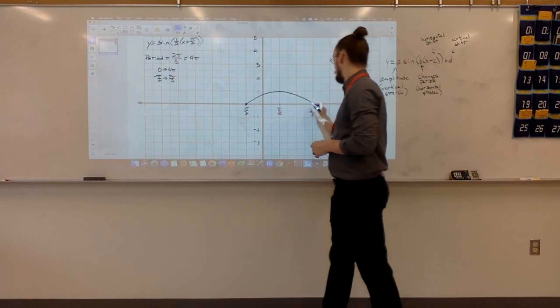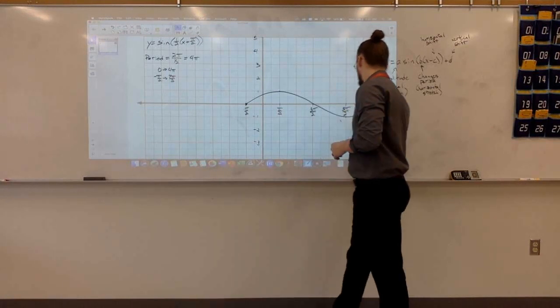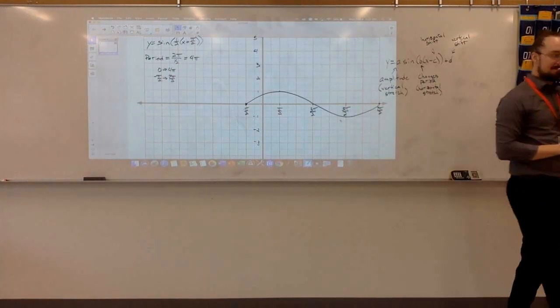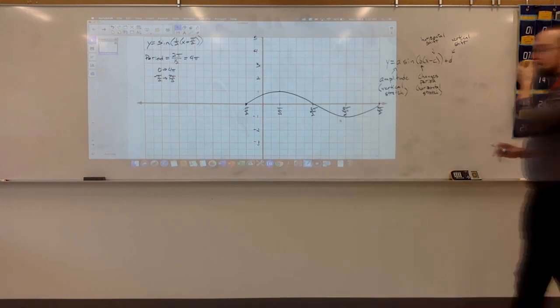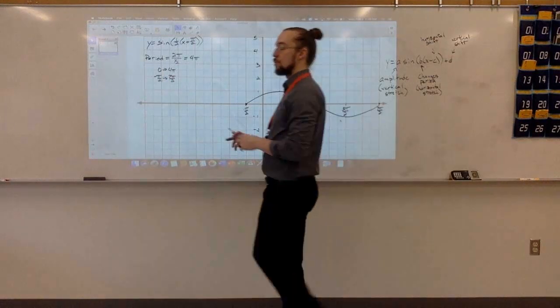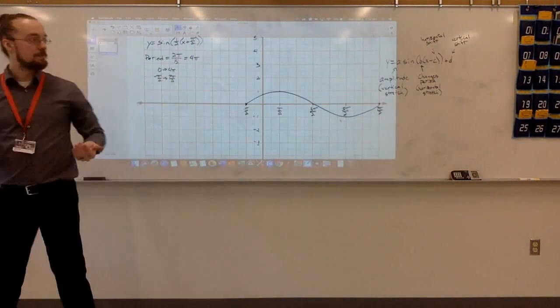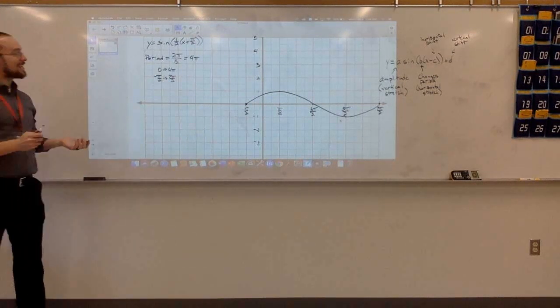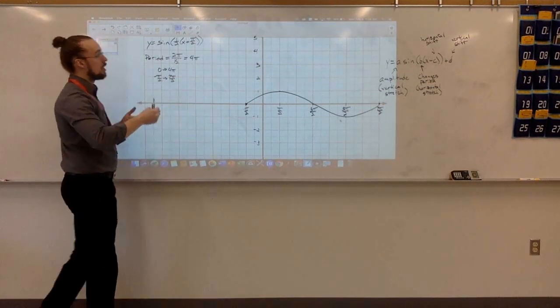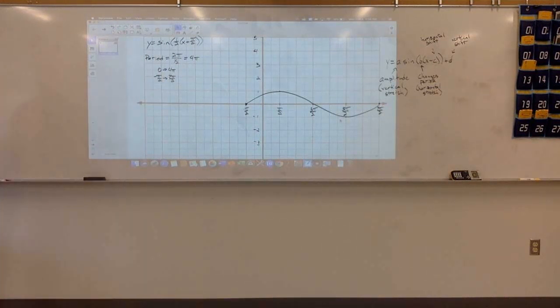So here's what this sine curve would look like. So b value changes the period. Take 2 pi over b. C value then shifts that left to right. Questions?